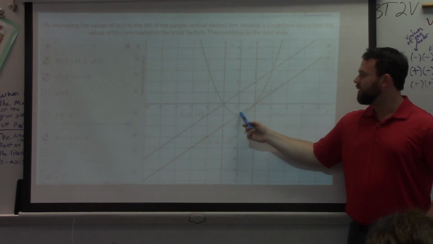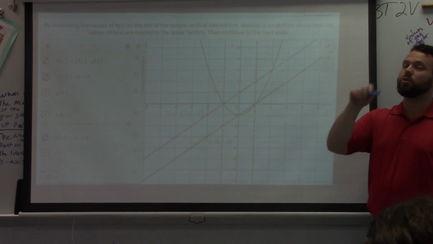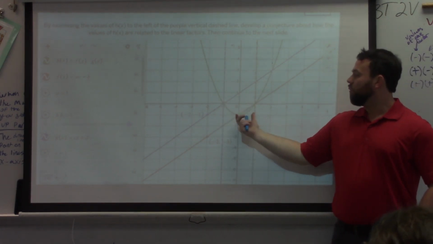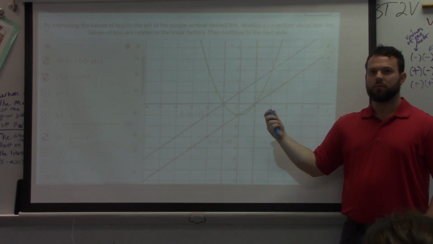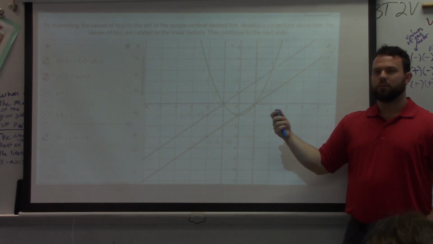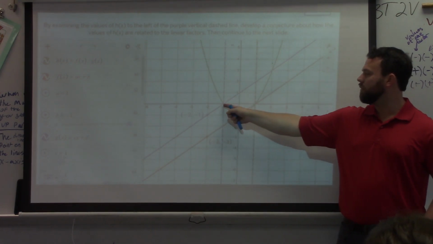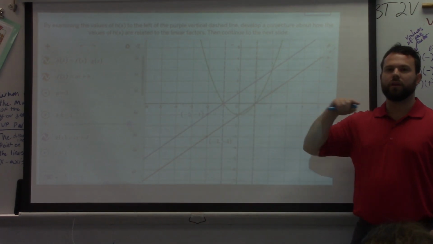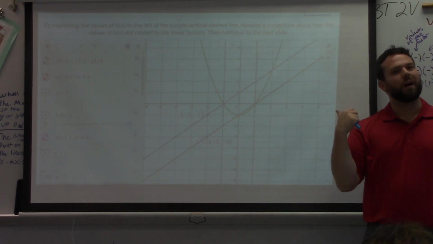Why are these negative when these were positive? Because one of the roots is positive and the other one is negative. Well, you're right about just the parabola, but I'm talking about why these are below the x-axis. Not the roots, though, because the roots are here. They're both positive slopes.